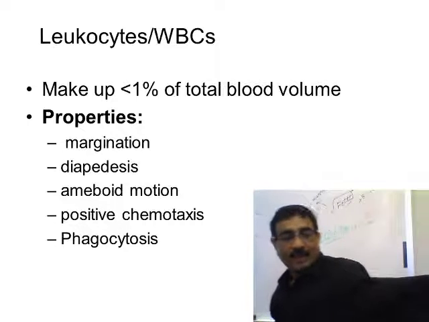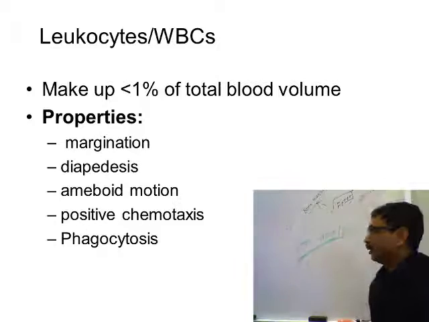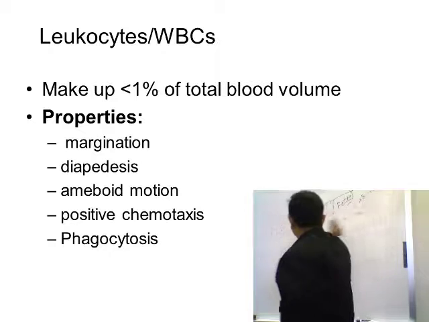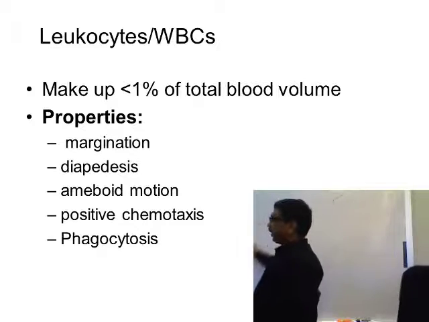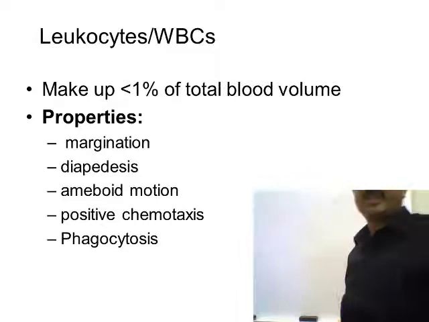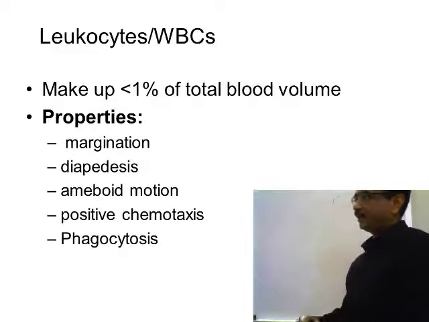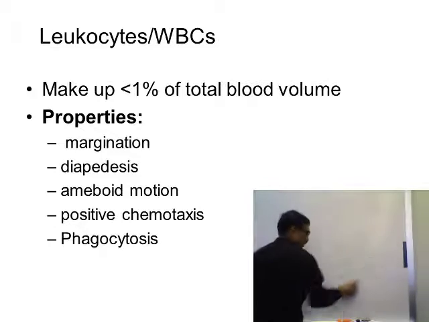Properties. White blood cells have some important properties. These are physiological properties of white blood cells: margination, diapedesis, amoeboid motion, positive chemotaxis, and phagocytosis. So what is margination?